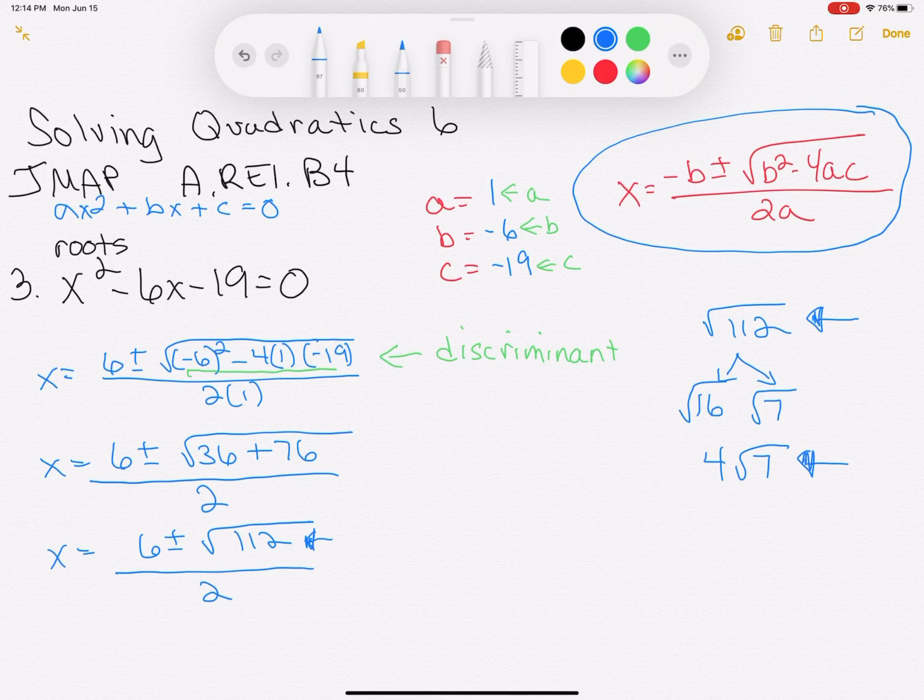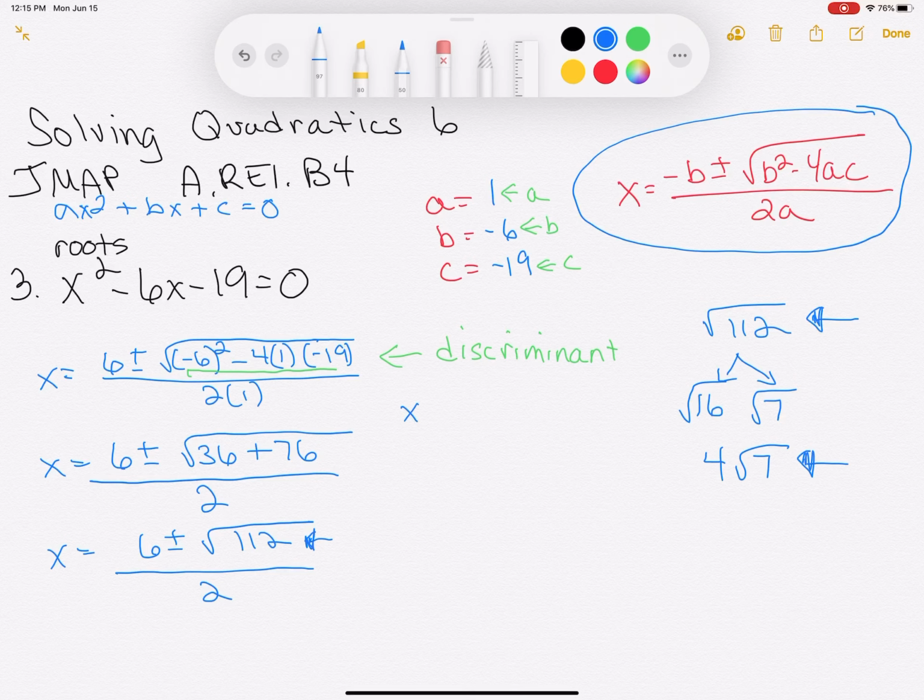Now the decimal values are not exact answers. You should never put them as an answer unless they ask for you to round it, which the next example we're actually going to do, but only because they ask us. If they don't say to round it, then you keep it in square root form.